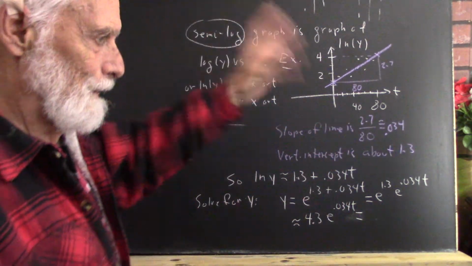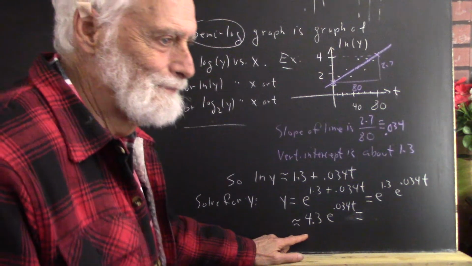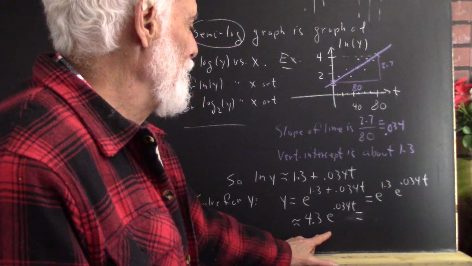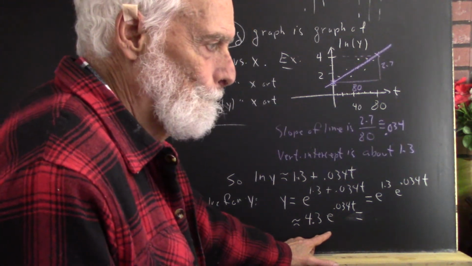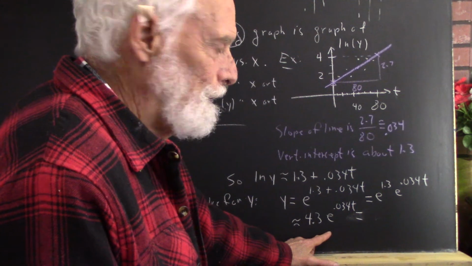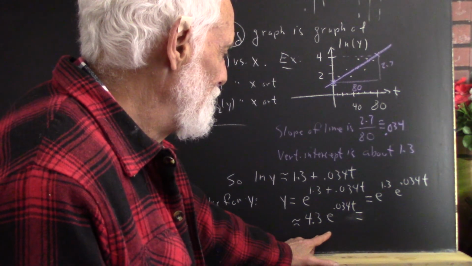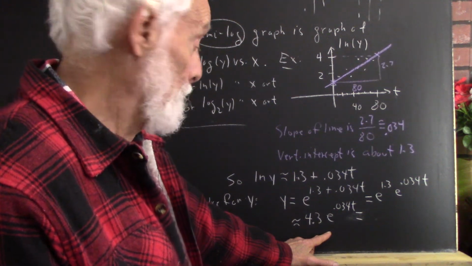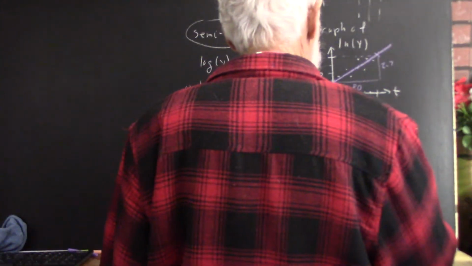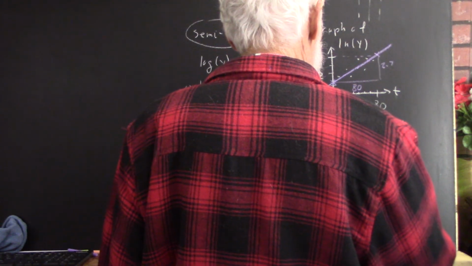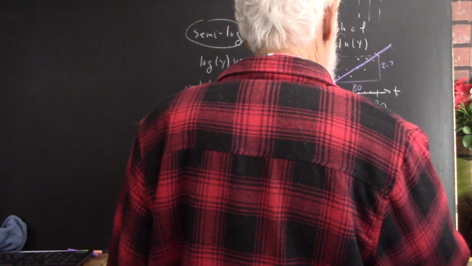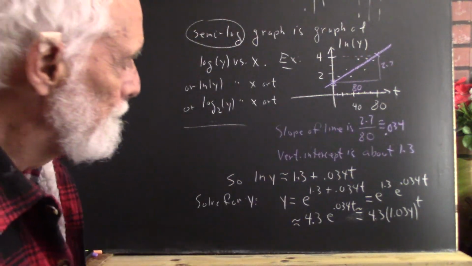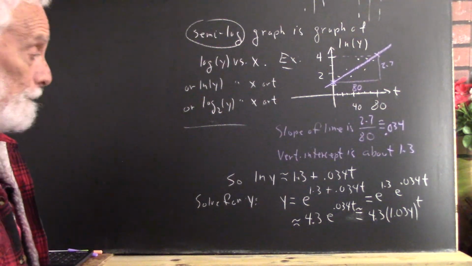I'm not thinking that hard on it. And even if I did, I could estimate that closer, but okay. And then e to the 0.034, that's about 1.034. That would be your exponential model.